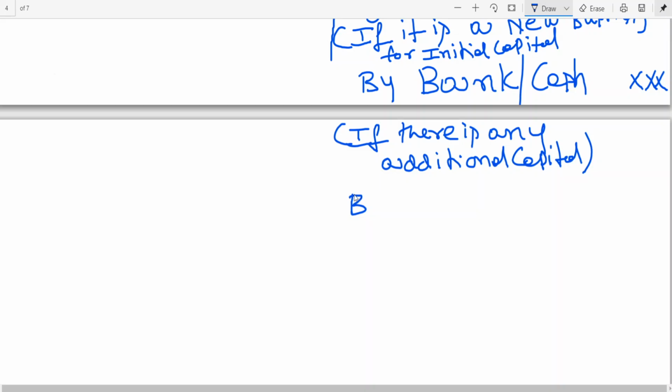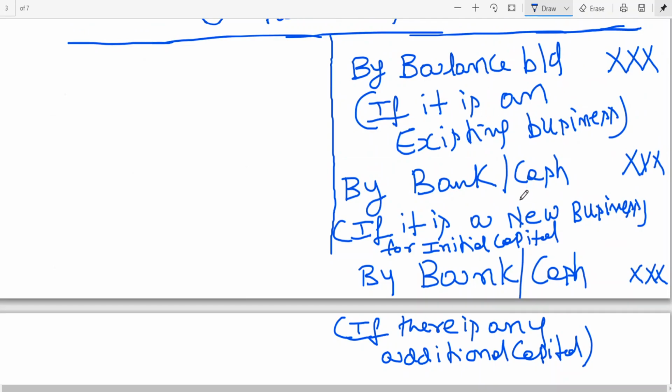That's it. So this is the format on the credit side: opening balance, initial capital and additional capital. Here, on the debit side, to bank or cash.